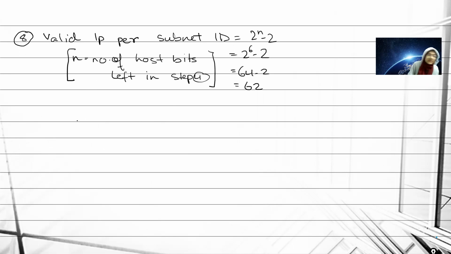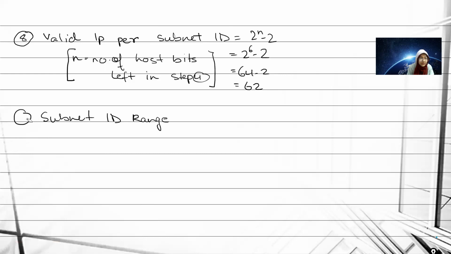Last but not least, our last step, which is 9, is the subnet ID range. I guess this step is the easiest for me, but sometimes I also get confused. I guess we should take the second slide.